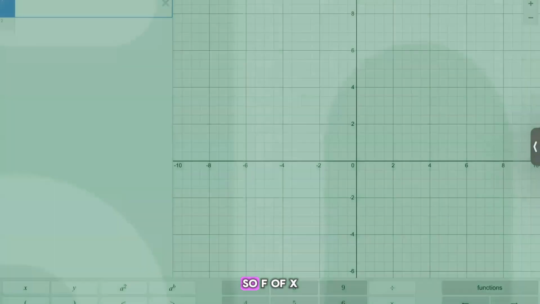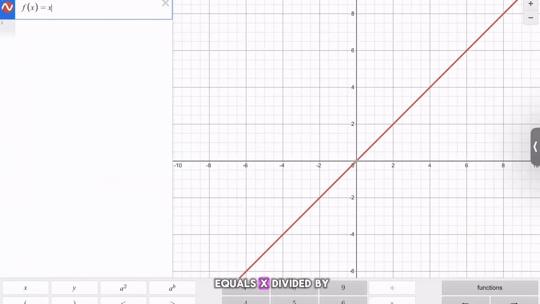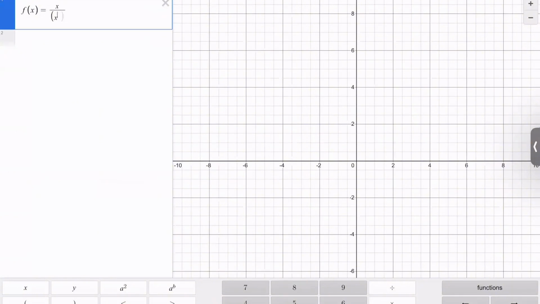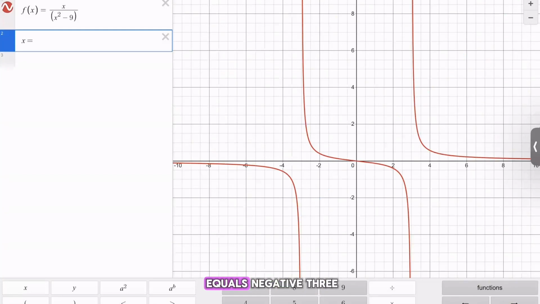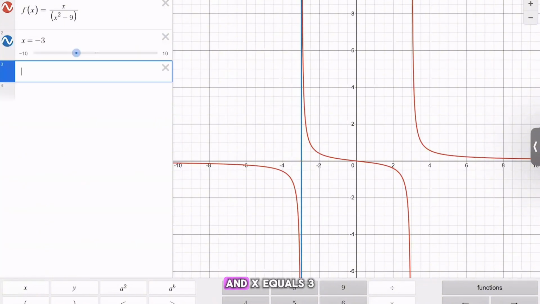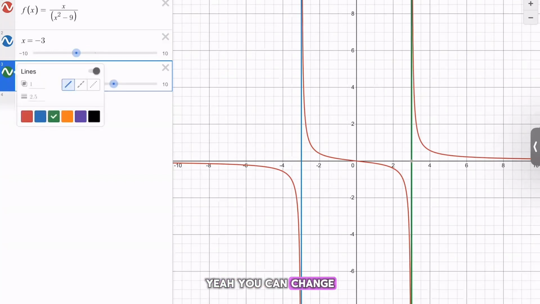So f of x equals x divided by x squared minus 9. And then I can graph x equals -3 and x equals 3. And then that way you can see, and I think you can change it to dashed lines so it looks just like the book.